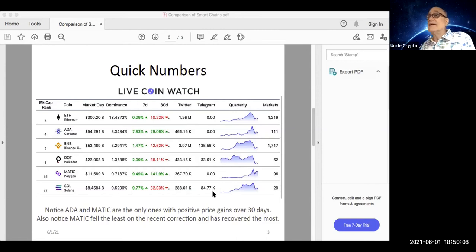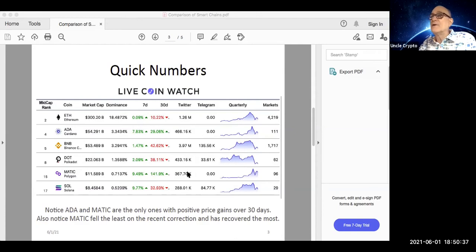So the amount of social media buzz is reflected in the number of followers that these coins have. And interestingly, Polkadot's been around since 2017. It hasn't really broken out and become noticeable until about the last year or so, but it's been around for 3 years. MATIC has not been around that much, shorter, and it has almost as many followers on Twitter as Polkadot and Cardano.